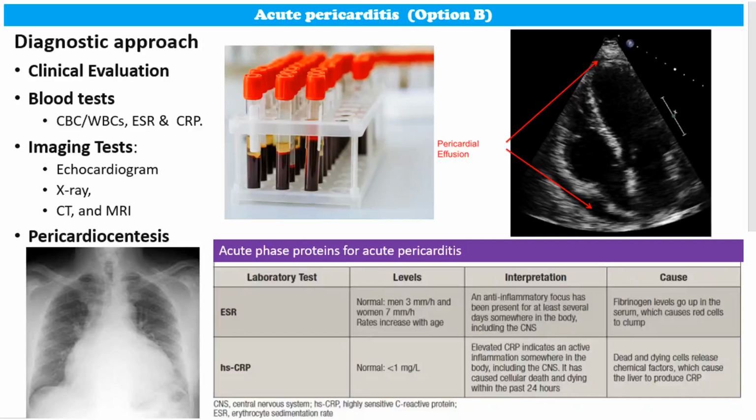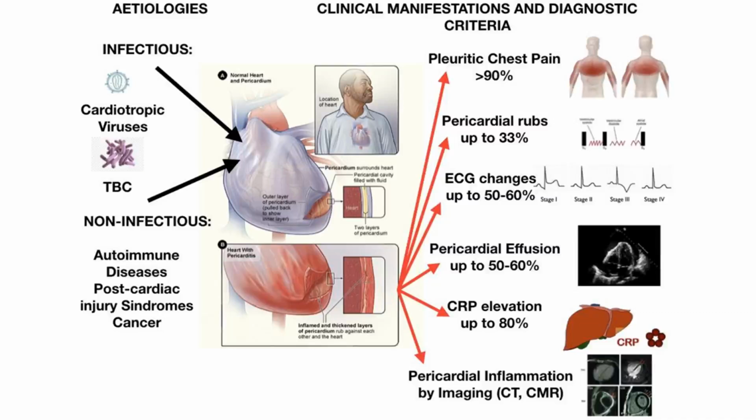An echocardiogram can visualize the pericardium and assess for the presence of pericardial effusion. Complete blood count with differential is performed to check for signs of infection or inflammation. Elevated levels of C-reactive protein and increased erythrocyte sedimentation rate are indicative of inflammation.